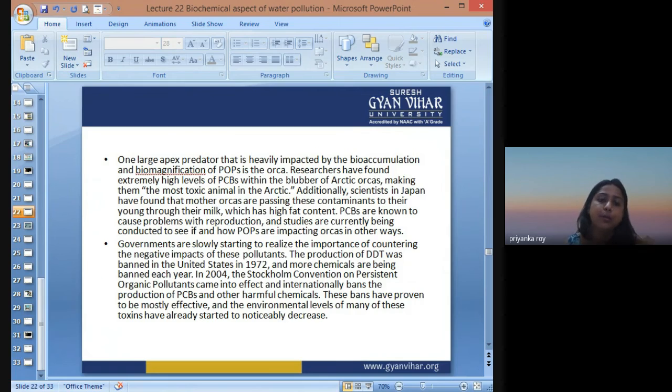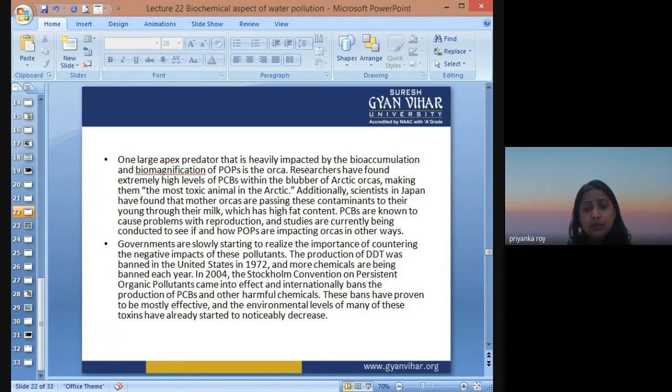Governments are slowly starting to realize the importance of containing the negative impact of these pollutants. The production of DDT was banned in the United States in 1972, and more chemicals are being banned each year.